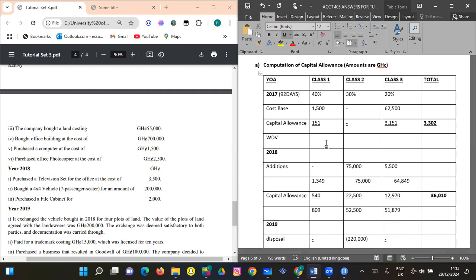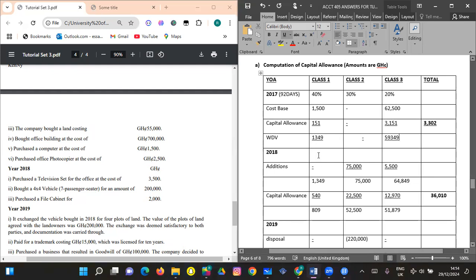So I'm doing the written down value. Sorry, don't forget. 1, 3, 4, 9, then dash. And then 65 minus 3, 1, 5, 1, and we're going to get 5, 9, 3, 4, 9. All right, so now this is it here.